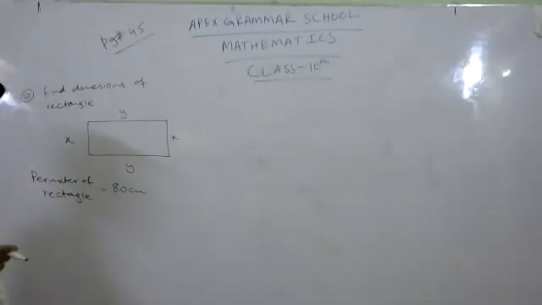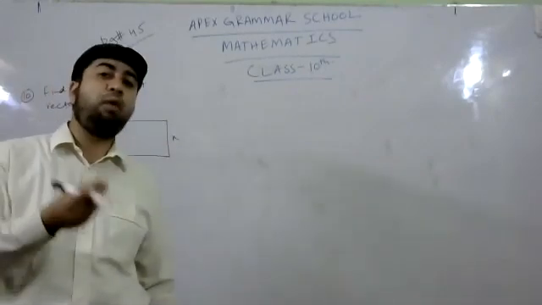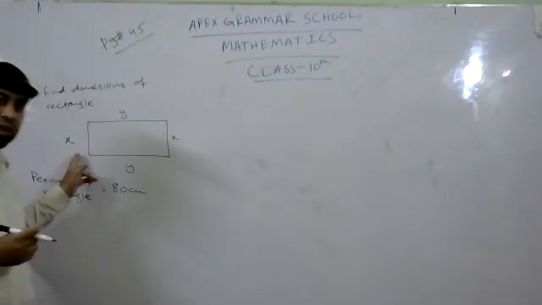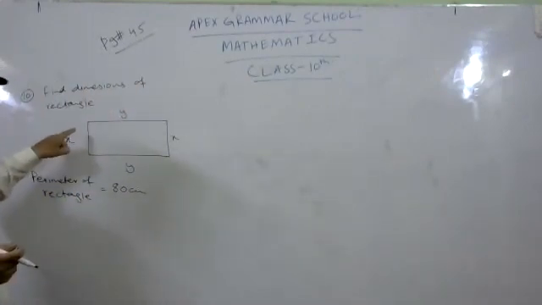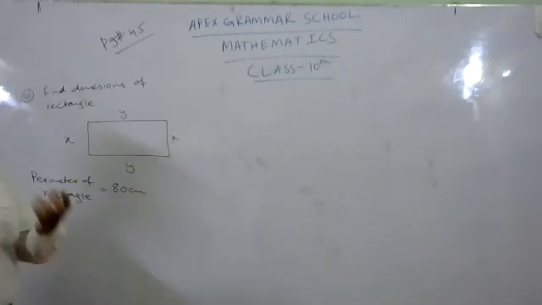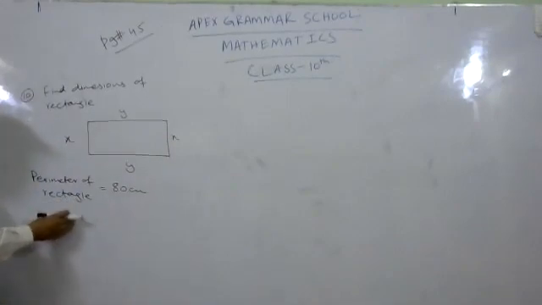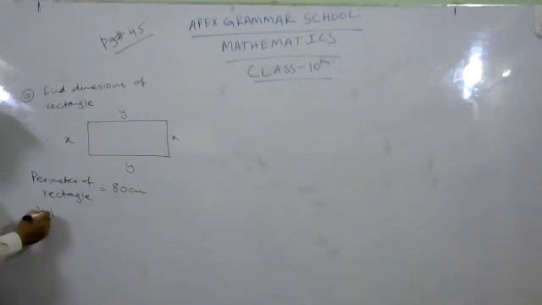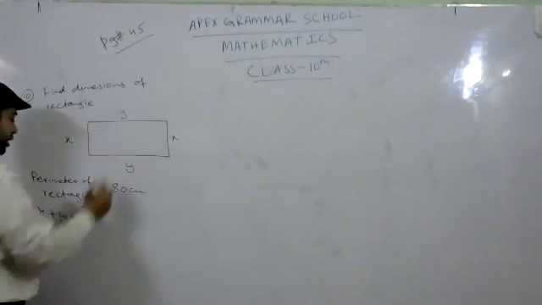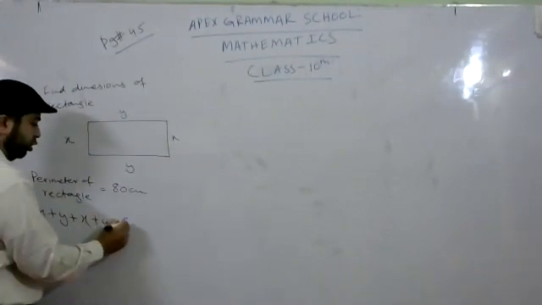Recently I told you what perimeter was. Perimeter is the sum of all sides of any shape. So what about this perimeter? The sum of all these sides, I mean to say x plus y plus x plus y. So instead of perimeter we can write x plus y plus x plus y is equal to 80.